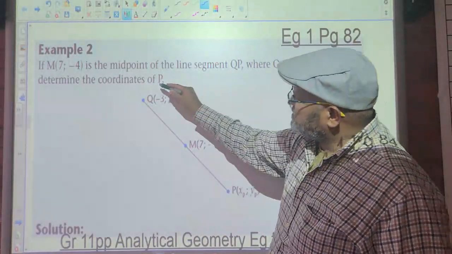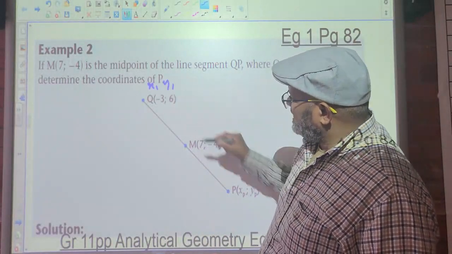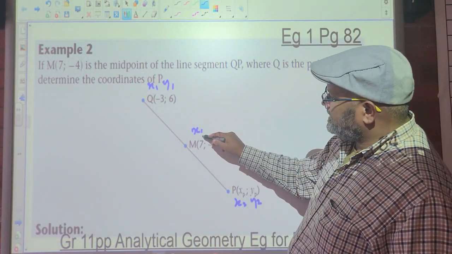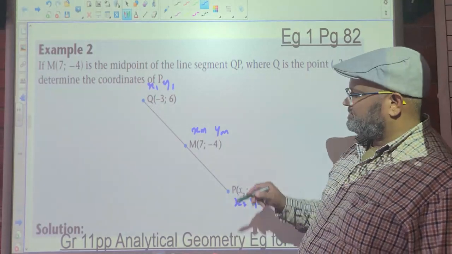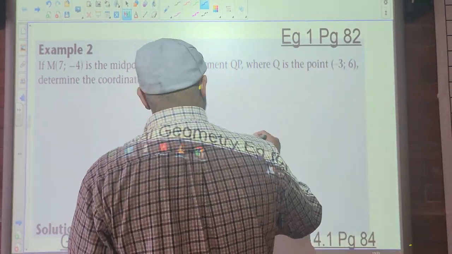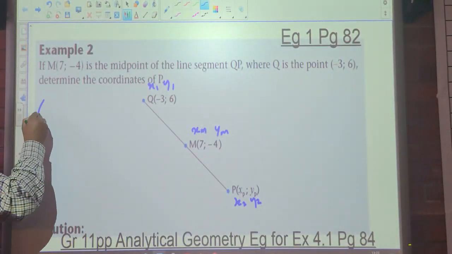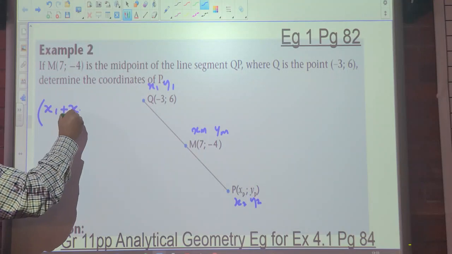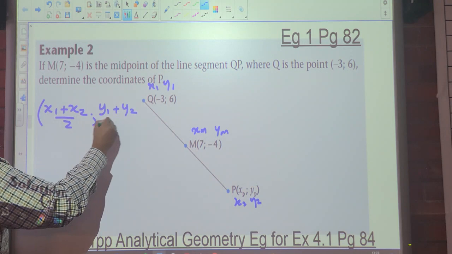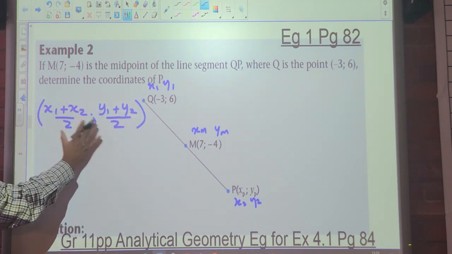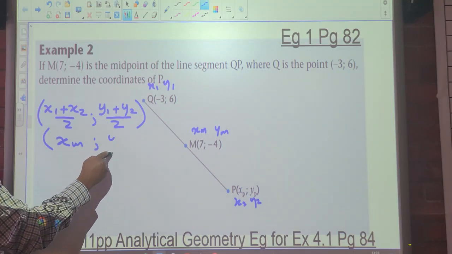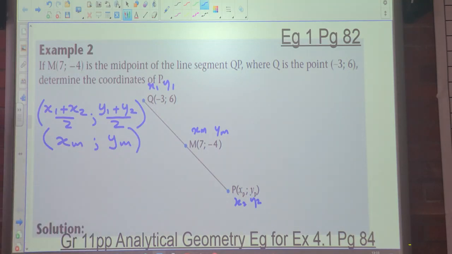If this is x1, y1, x2, y2, this would be x mid, y mid. So what's my formula? The formula is x1 plus x2 over 2, y1 plus y2 over 2. But when I work this out, I actually land up with the x midpoint and the y midpoint. You all agree with that?